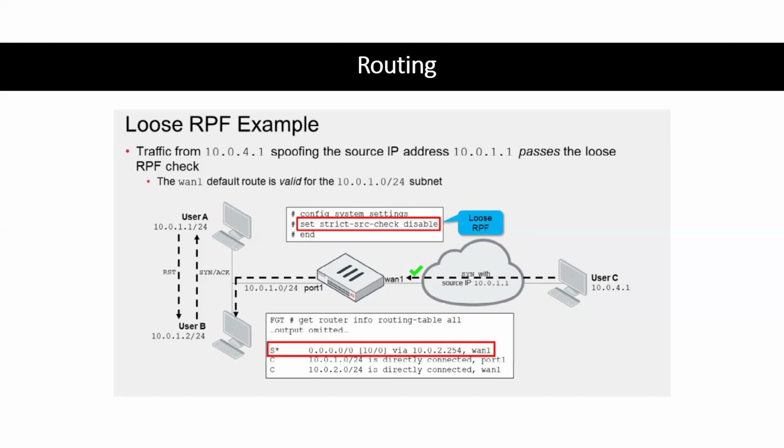Since I am using the loose method, as long as I have a path to 10.0.1.0, I'm going to allow this traffic to process. And now this bad actor is able to process an attack.